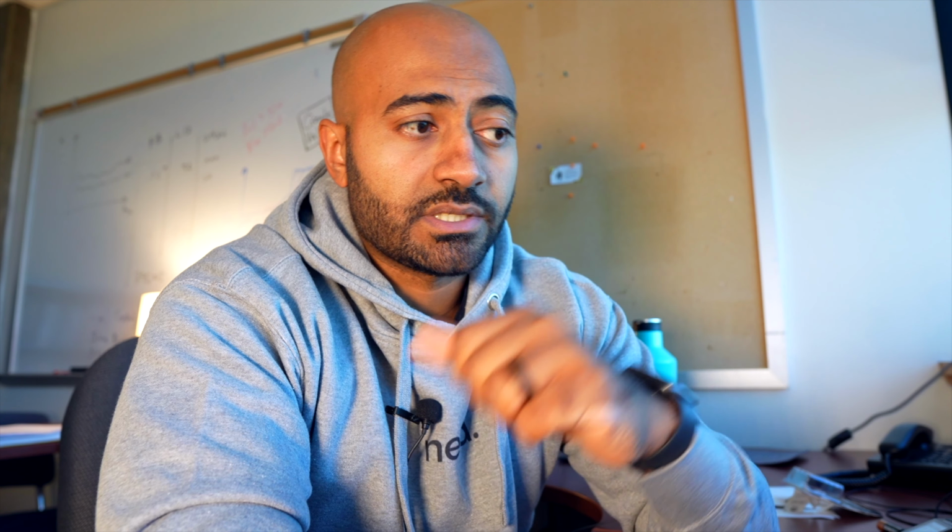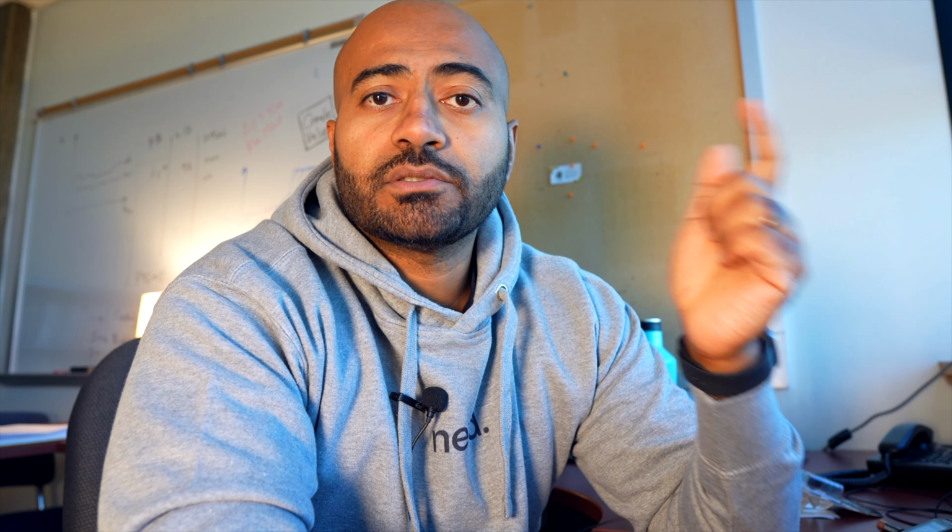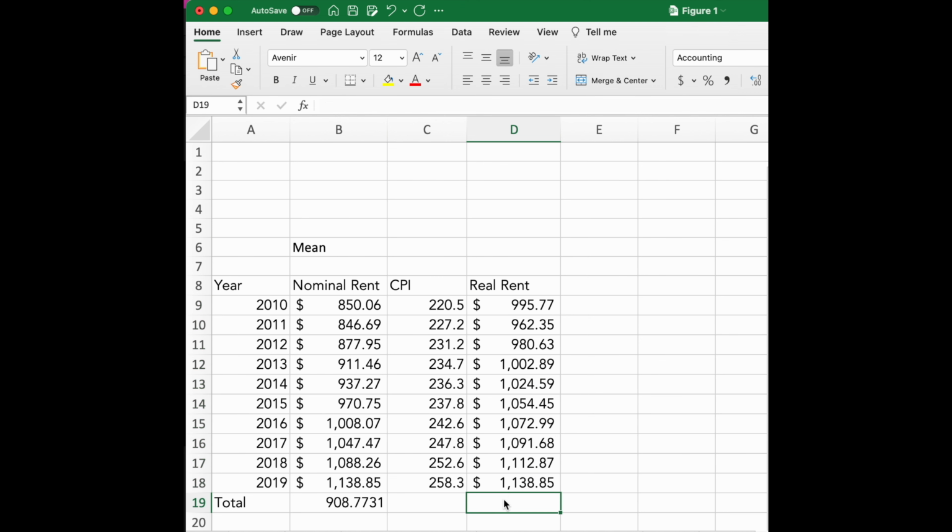And the way I'm going to do it is I'm going to take the nominal rent, and I'm going to change the nominal rent into 2019 values. So I'm going to multiply it by the CPI in 2019 and divide it by the CPI of that current year. So for 2010, that number is going to be 850 times 258.3 divided by 220.5, and that gives me $995.77.